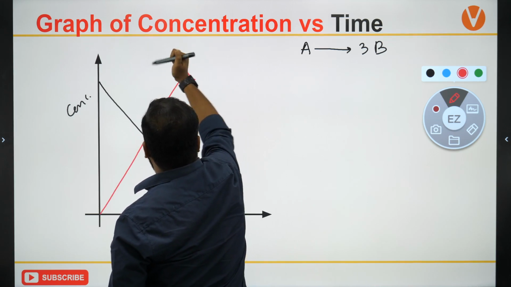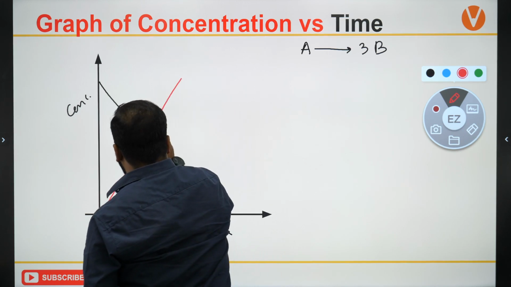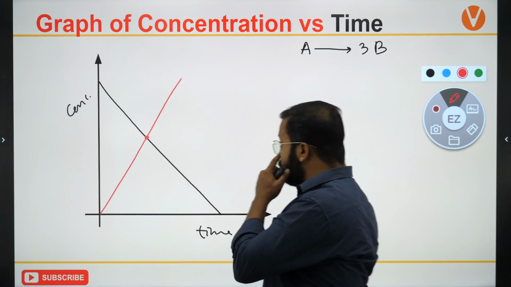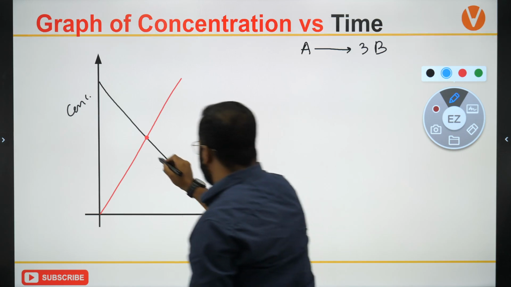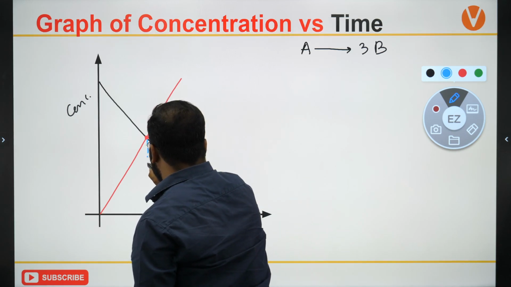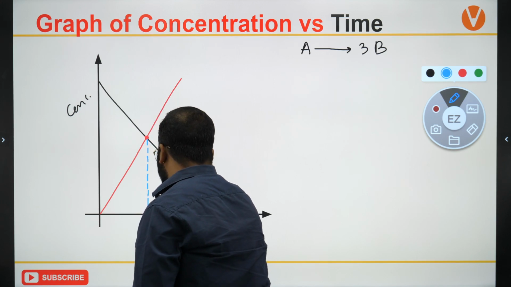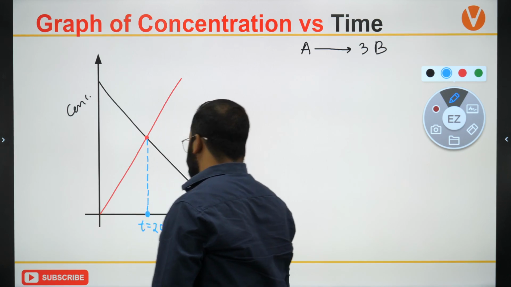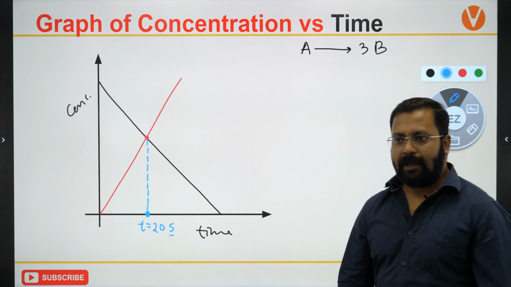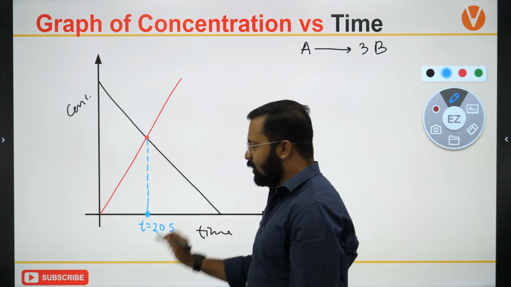This point of intersection is obtained at a time which is equal to 20 seconds.